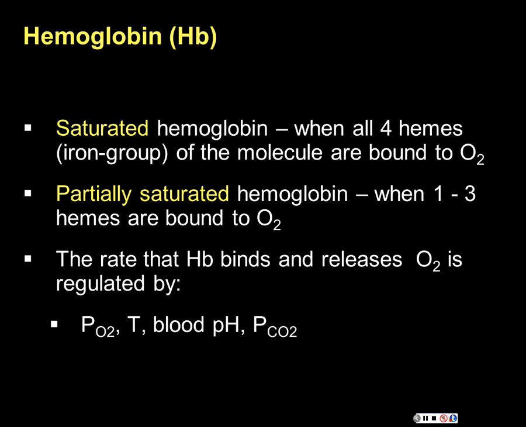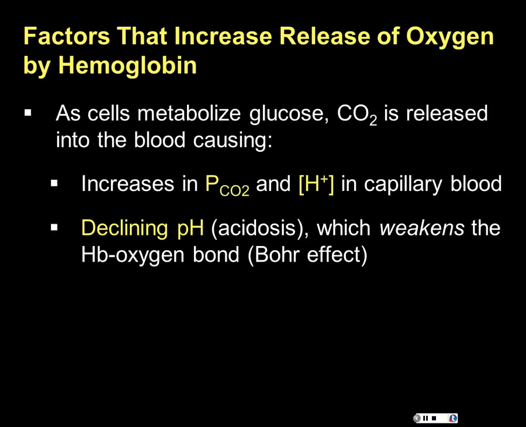Alright, so if a tissue is metabolically active, it needs what? Oxygen. So all these byproducts of consuming oxygen favor hemoglobin letting go, so more oxygen is delivered, and the tissue can continue to metabolize. Those things are summarized here.